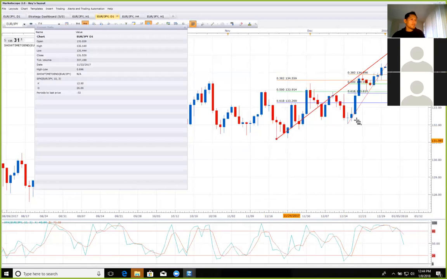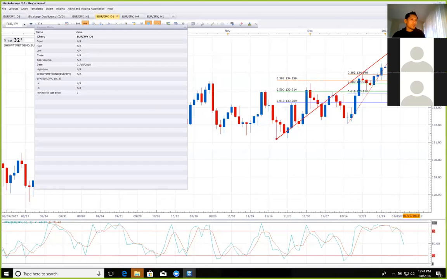And you have either 134.86 within the range or 134.55, but you have that area right there because it's a good demand level right there, right? The major one is this because it's touching the 50 and the 62 percentile.